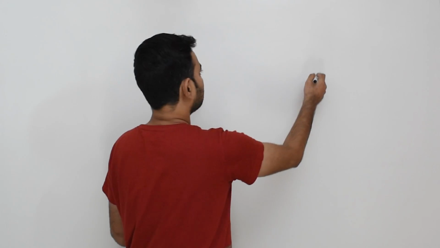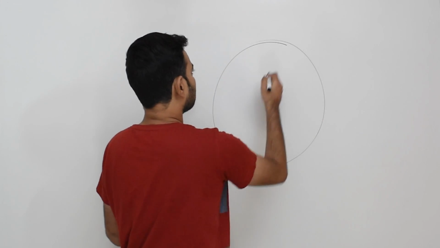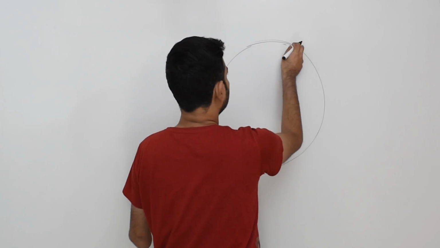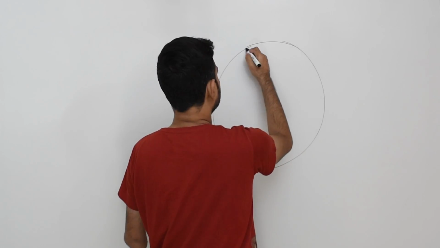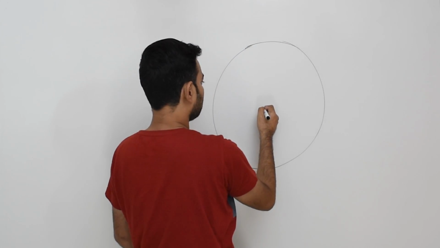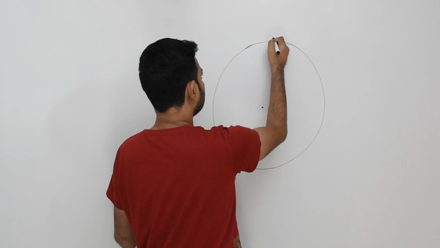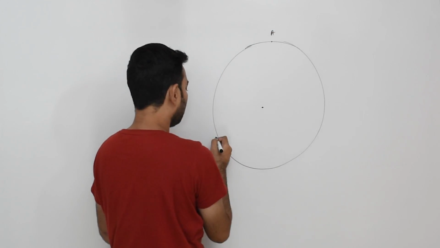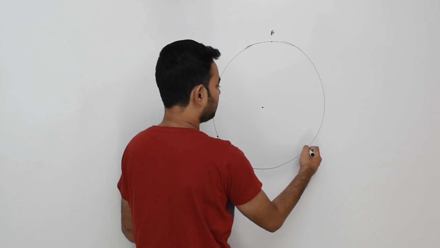Next question is: three friends are standing on the circumference of a circle of radius 20 meters with a toy telephone in their hands. They are Ankur, Syed and David.